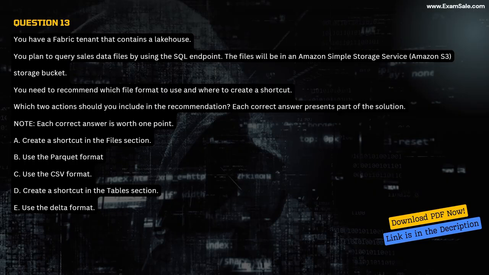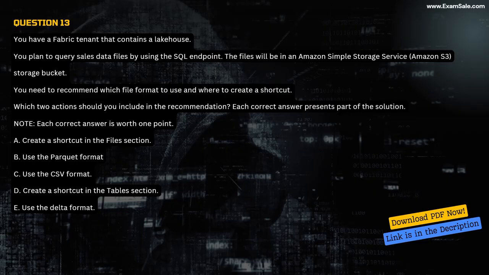Question 13. You have a Fabric tenant that contains a lakehouse. You plan to query sales data files by using the SQL endpoint. The files will be in an Amazon Simple Storage Service, Amazon S3, storage bucket. You need to recommend which file format to use and where to create a shortcut. Which two actions should you include in the recommendation? Each correct answer presents part of the solution. Note, each correct answer is worth 1 point. A. Create a shortcut in the Files section.